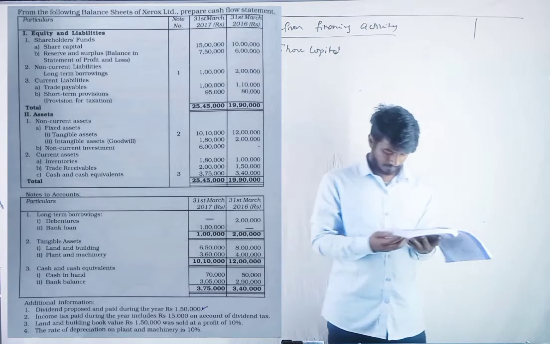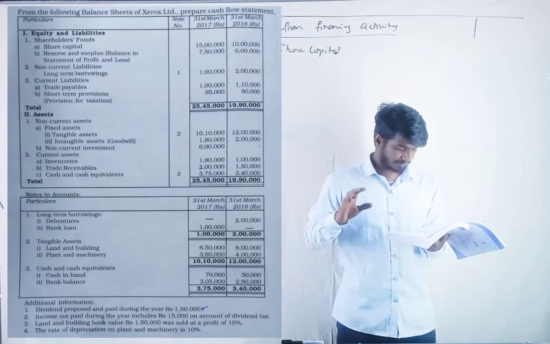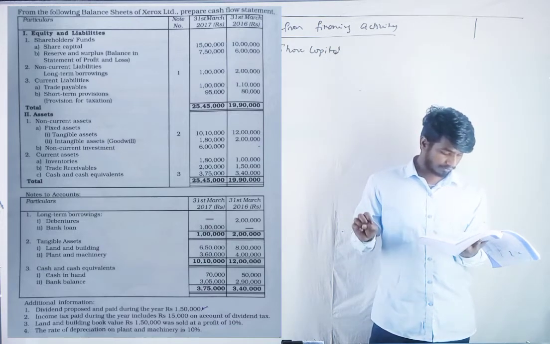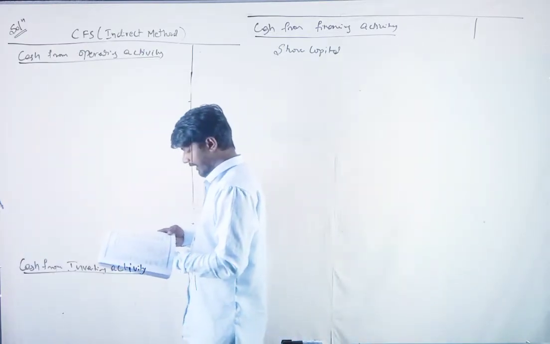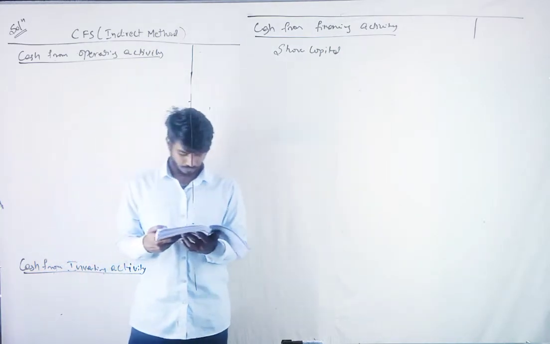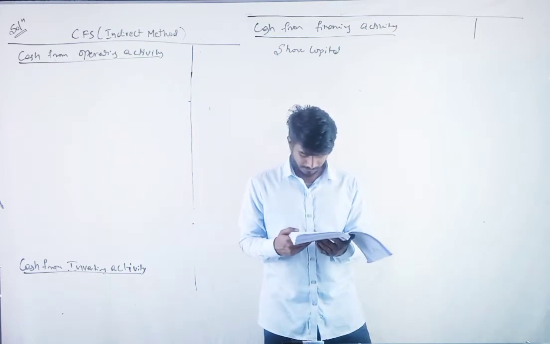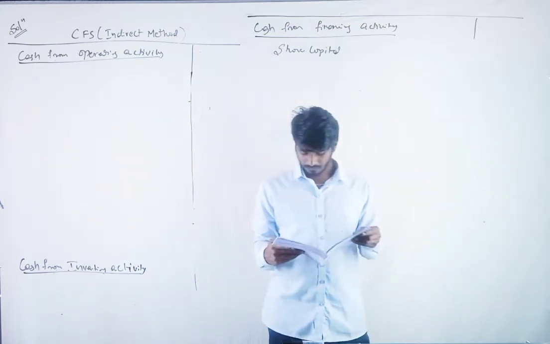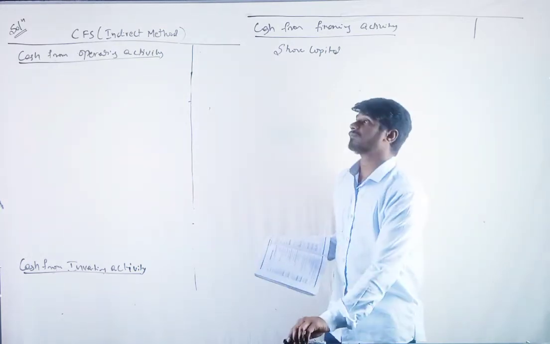Income tax paid during the year includes 15,000 on account of dividend tax. Land and building book value of 1,50,000 was sold at a profit of 10%. The rate of depreciation on plant and machinery is 10%. Okay. Shall we solve this question?